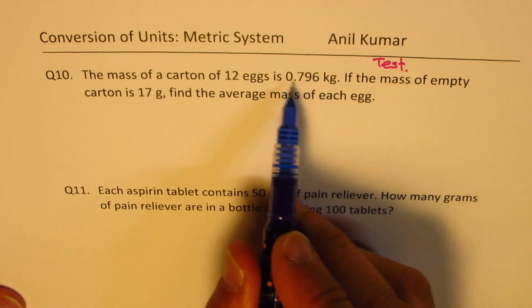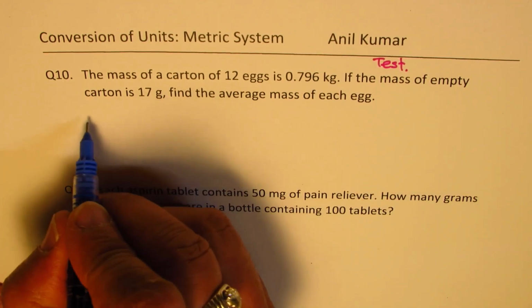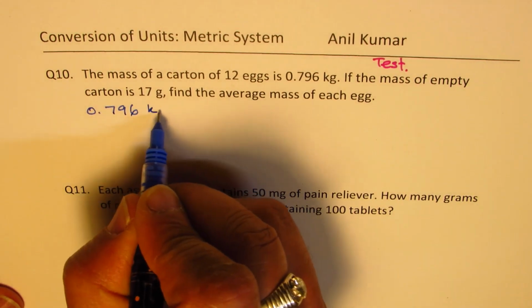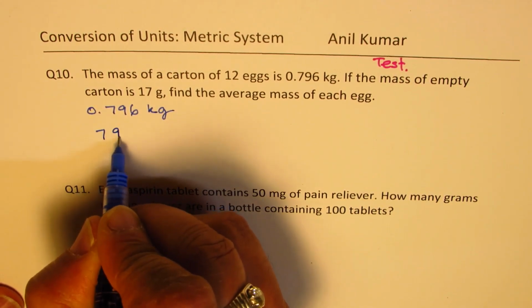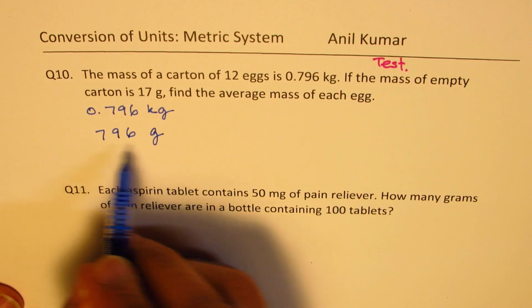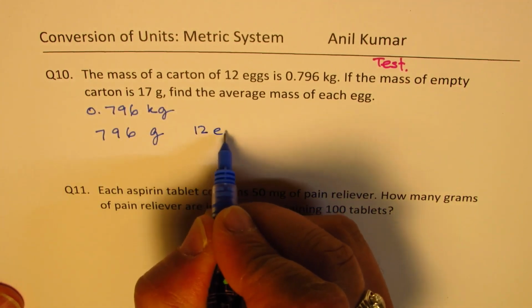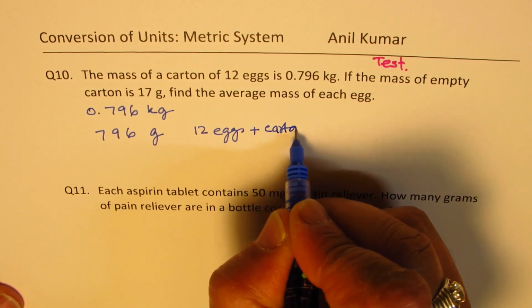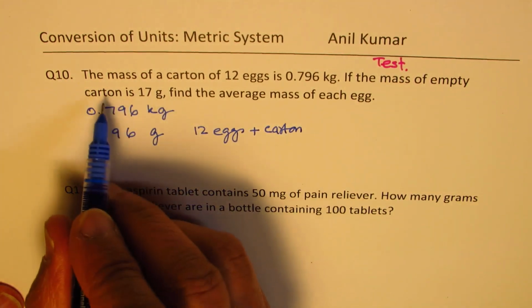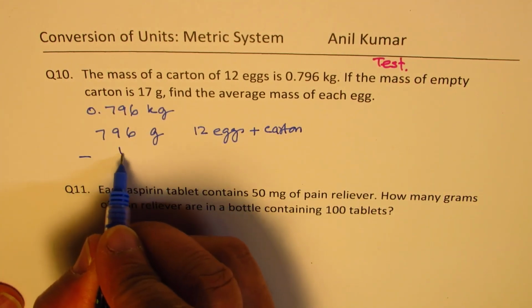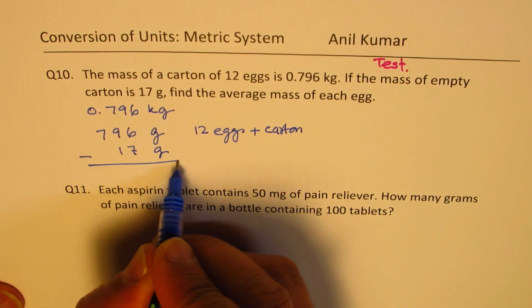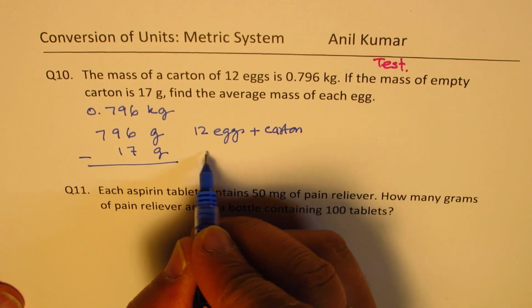So let's convert them to grams first. So we get 0.796 kilograms, which is 796 grams, right? So that is 12 eggs plus carton. Now we need to take out the mass of the carton. We'll subtract 17 from here in grams, right? That is the mass of the carton.